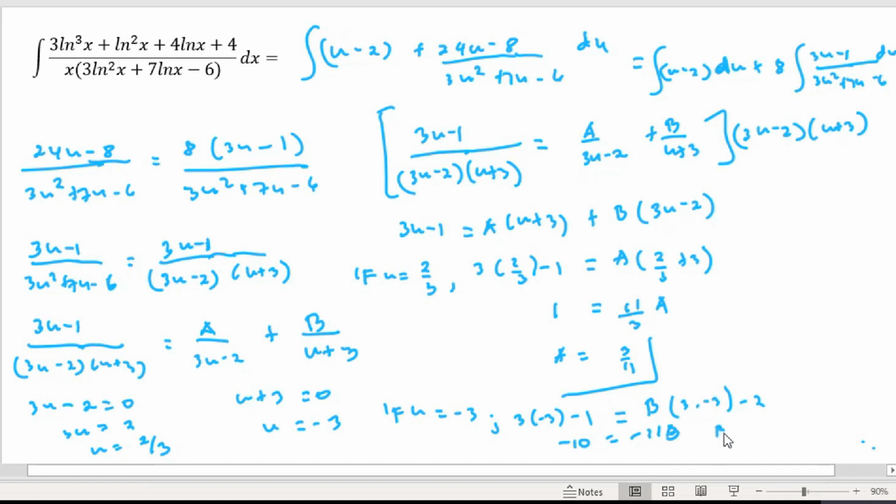So therefore, b is equal to, dividing both sides by negative 11, 10 over 11. Since we know already the values of a and b, I can now solve the equivalent partial fraction of our second term.